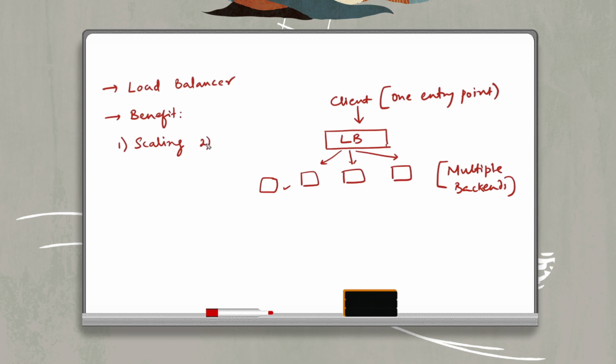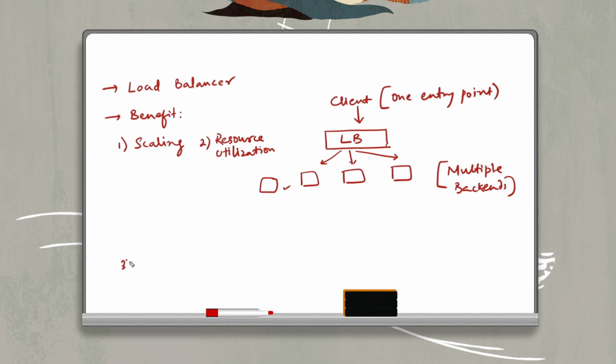The second benefit is resource utilization. This load balancer is going to distribute the traffic to different backends based on load balancing policies. So it will ensure that these resources are properly utilized. So this is also one of the benefits.